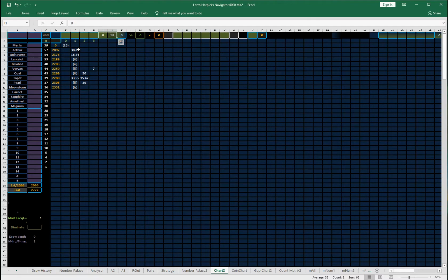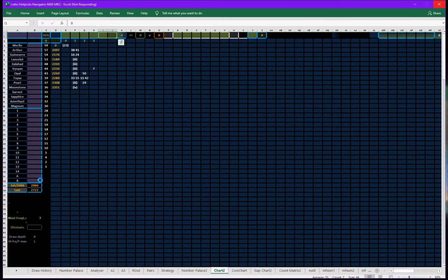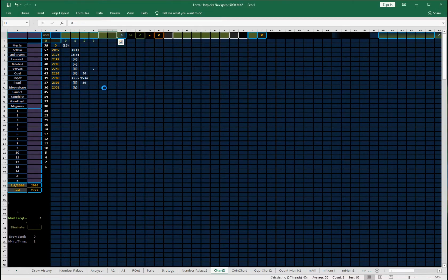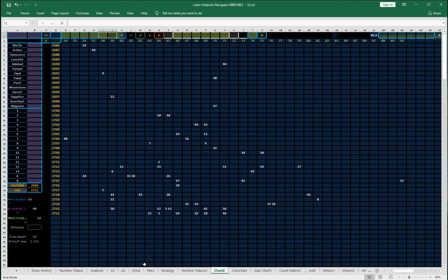and since then, since draw 2351, there's been nothing. And we're now up to draw 2722. So it's over 400 draws since the last time this pair was drawn together. And up until that last time, it had quite a high frequency. And then all of a sudden it's just dropped off and stopped, which is kind of anomalous.